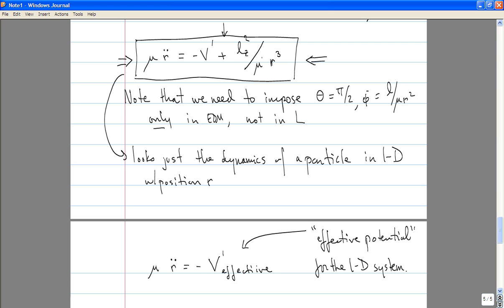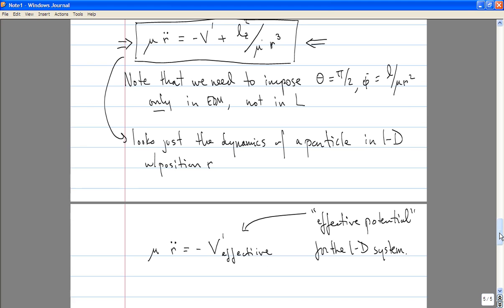So we can now use all of the tricks that we have developed for dealing with one-dimensional systems to deal with the two-body problem. And here, V effective I can read off from the equation with 3 arrows and a box around it.